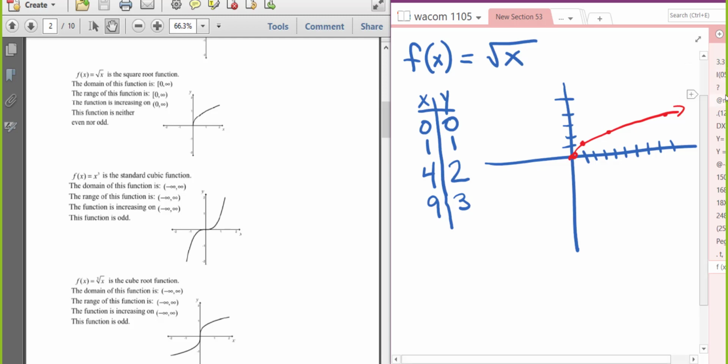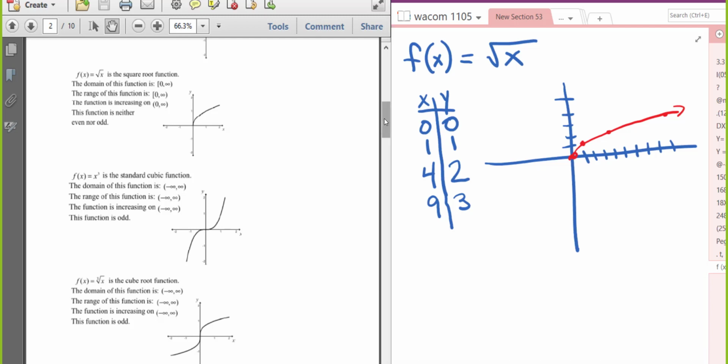It's pretty flat looking, but as it goes out, it does go up, right? It is always increasing. And this one is neither even nor odd. It does not flip across your y-axis. And if you rotate it, it's not going to give you the same thing down here as you had up there. Right? But just drawing it yourself, a little different.